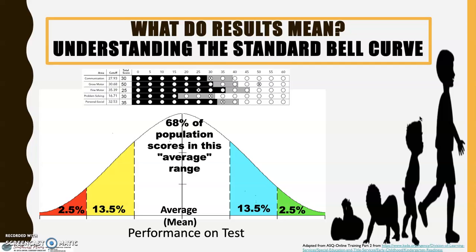Any score above the monitoring zone would be considered in the average range. This is the area without shading. When reviewing this information, be sure not to equate the dark shaded area on the ASQ3 scoring graphic with the word fail. This is a word to avoid when reviewing screening results. The term below the cutoff is the preferred language to use.